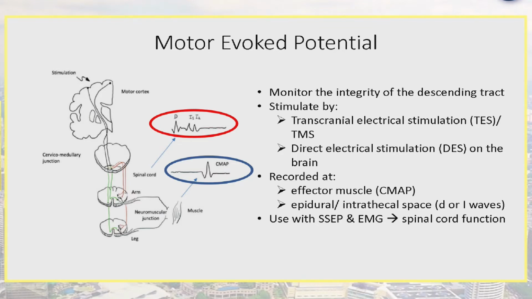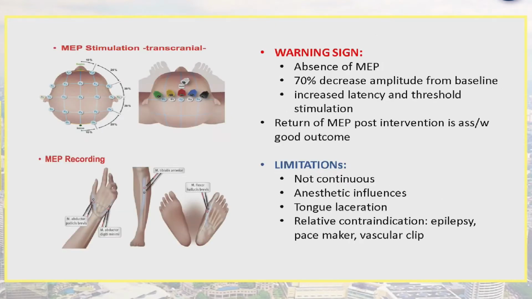Nowadays we usually use MEP with SSEP, plus or minus EMG, to see the spinal cord function, to see the anterior and posterior circulation, to complete the real-time assessment of the patient's neurology during surgery. This is where we stimulate: we put a needle at the site, according to the international 10 to 20% system, whereby they attach to the area of interest that they want to see.